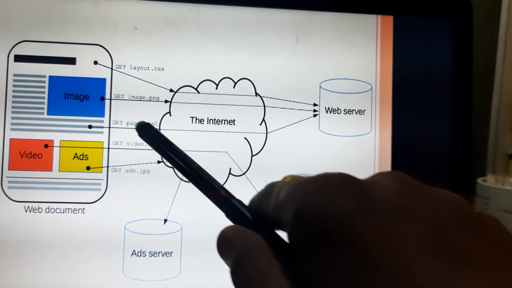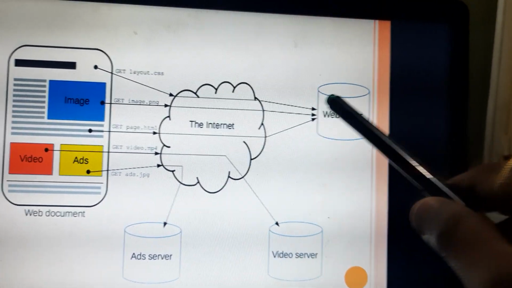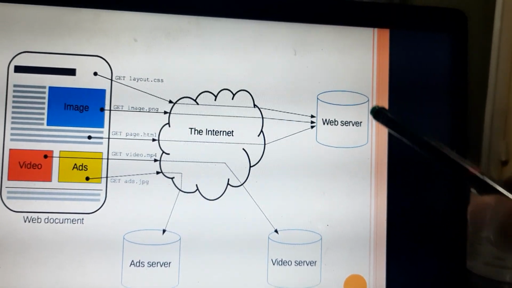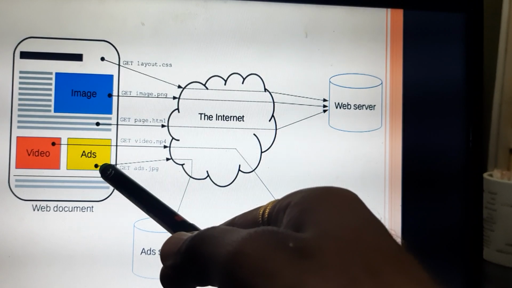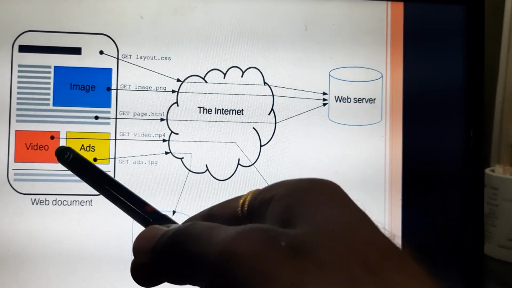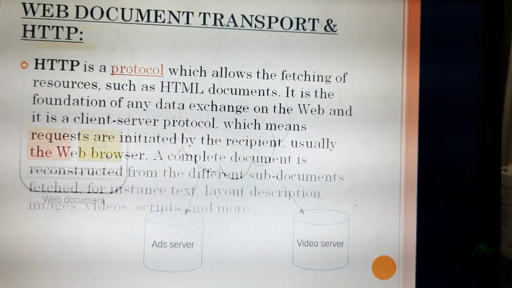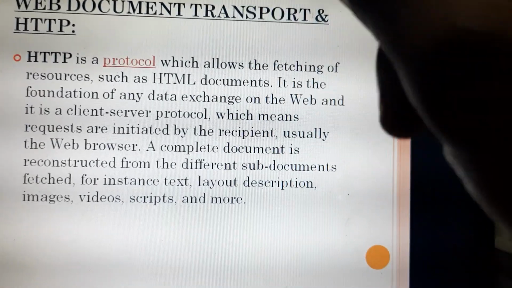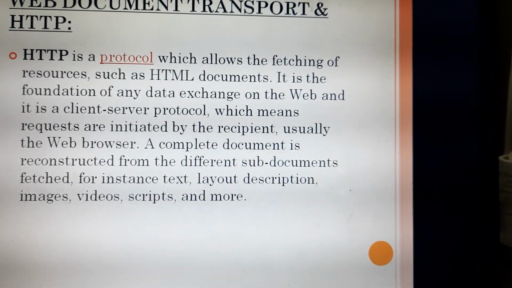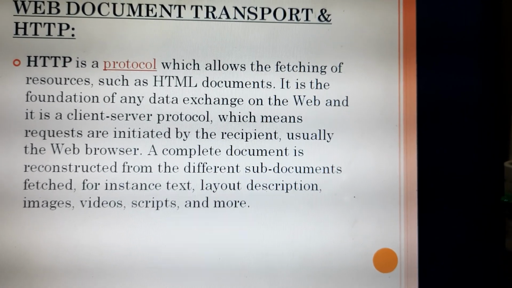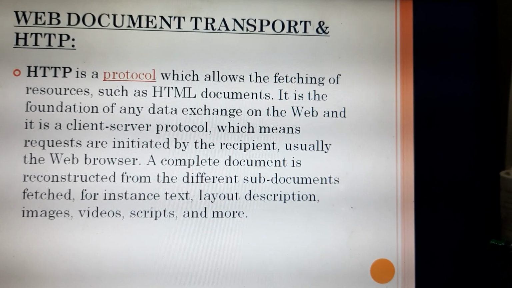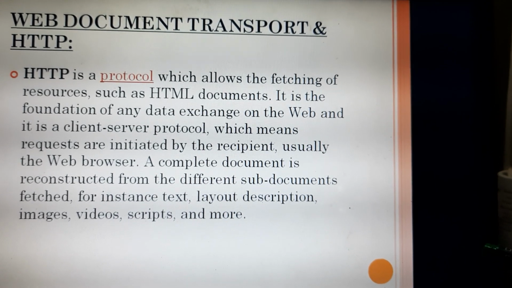So a request is made for the page.html. It is available in a web server, so we can fetch that page.html to the browser. That request is made with the help of the HTTP protocol. It is the foundation of any data exchange on the web, and it is a client server protocol.